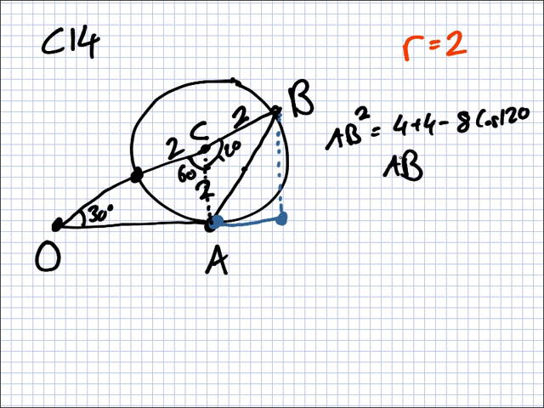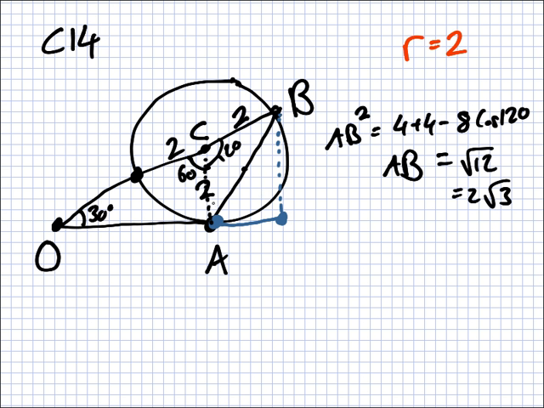Can someone type that in? With or without the root? Without the root. Okay, so it's root 12, which is 2 root 3. Now, that's 120.